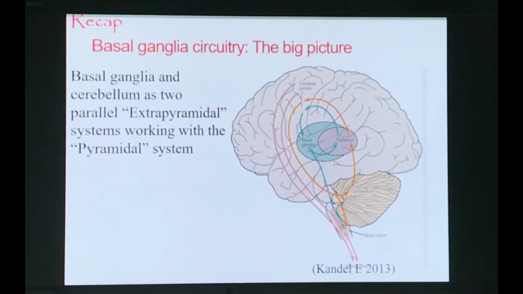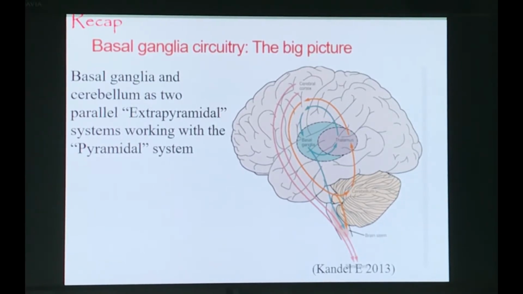A quick recap on the functions of the basal ganglia. I had mentioned that both basal ganglia and cerebellum form a parallel extrapyramidal system, so they don't have a direct influence or control over the spinal cord, that is the lower motor neurons of the spinal cord, but they regulate and control the motor movements, that is the voluntary movements, through connection with the cerebral cortex and the brain stem.